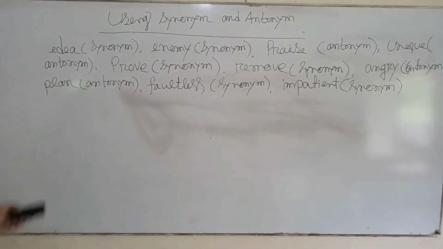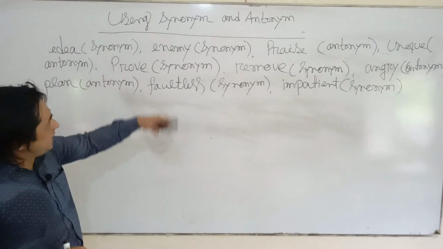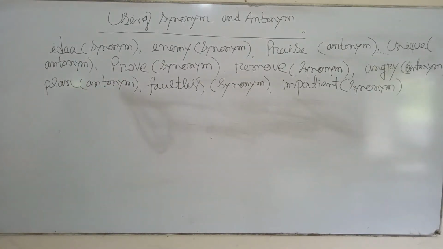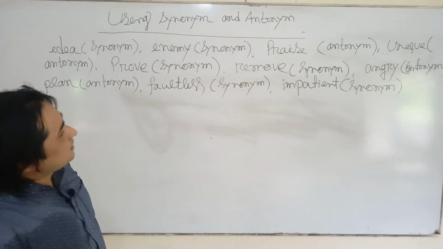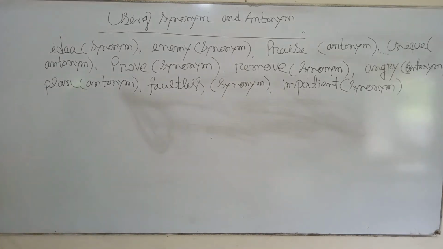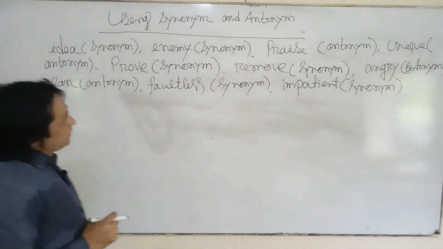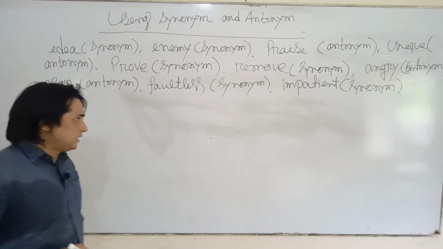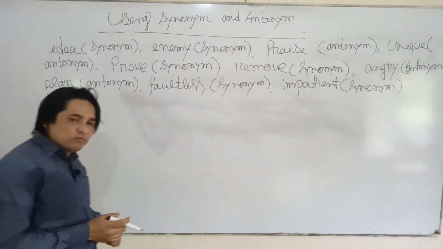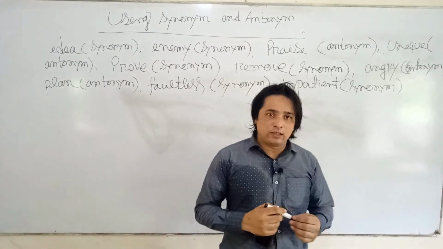So here we find 10 words. Idea, synonym; enemy, synonym; praise, antonym; unique, antonym; prove, synonym; remove, synonym; angry, antonym; plan, antonym; faultless, synonym; impatient, synonym. Now, how to answer?